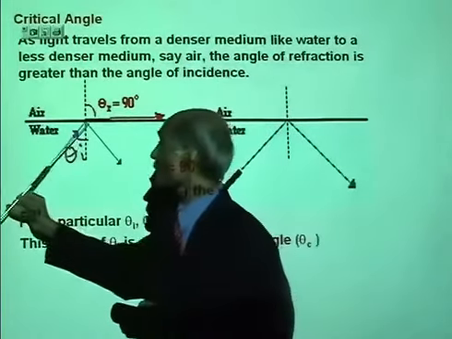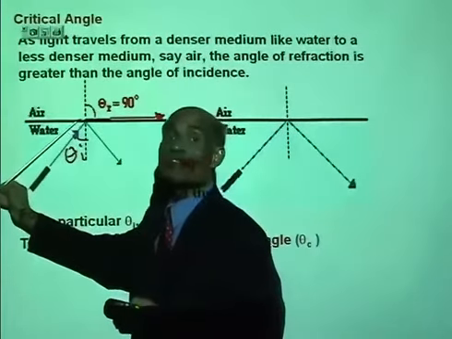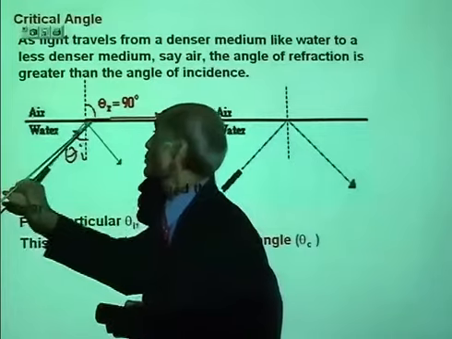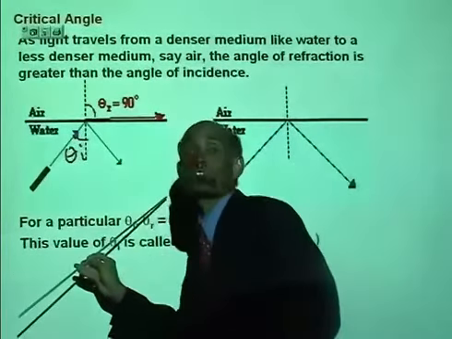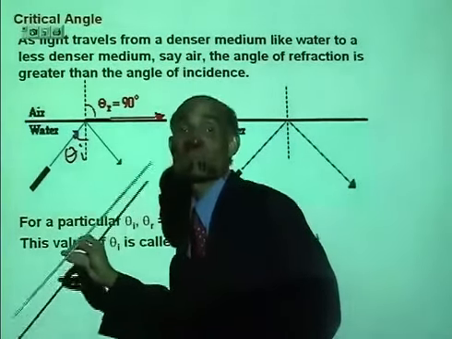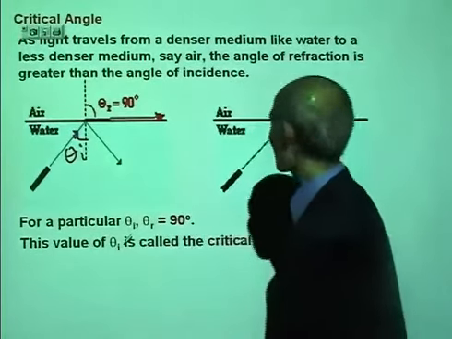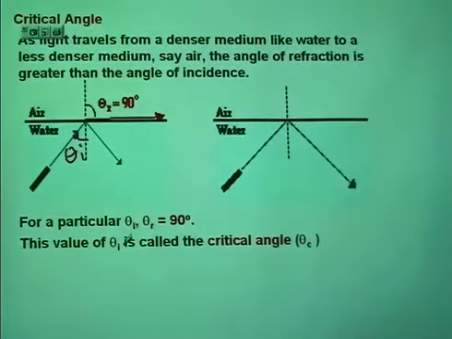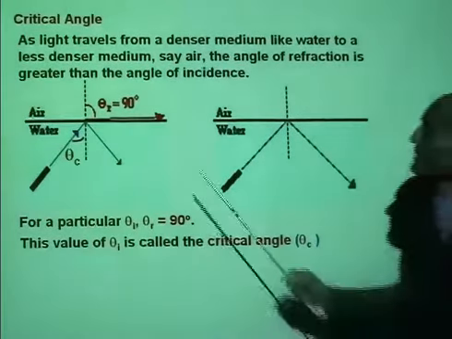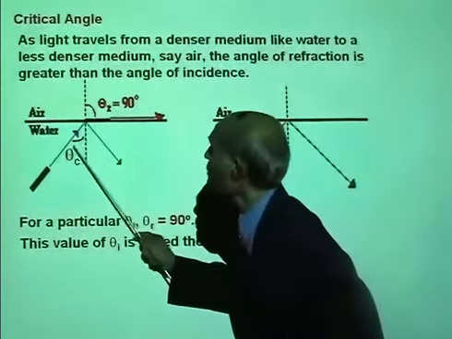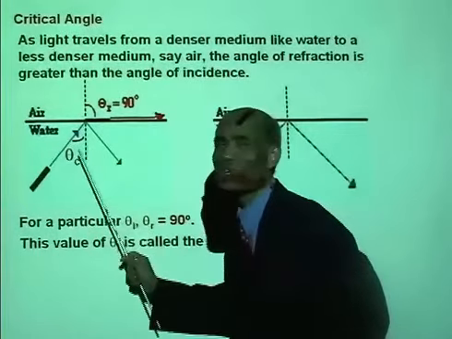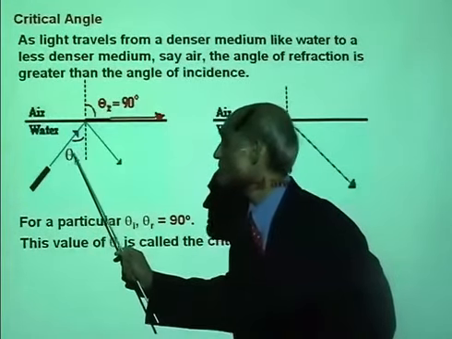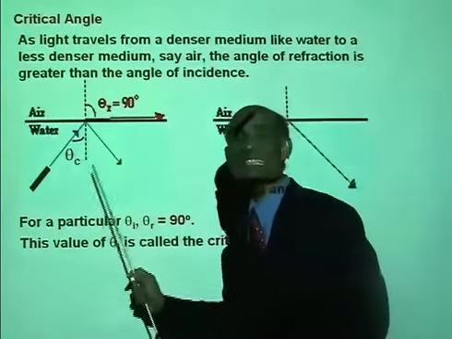If I now increase the angle of incidence, what would you expect? The ray will come back to the denser medium. All right. Let me remove that now. There you are. This angle of incidence we call the critical angle, and I have represented it by theta c.